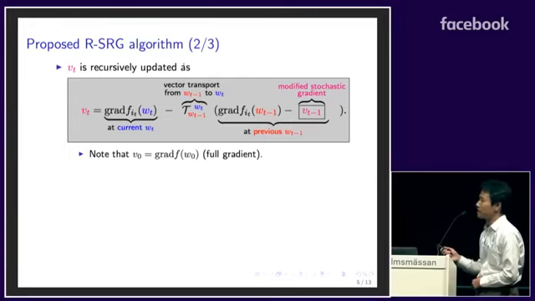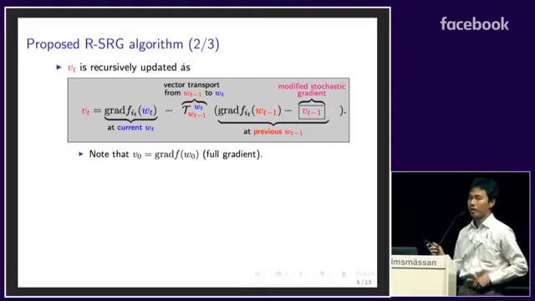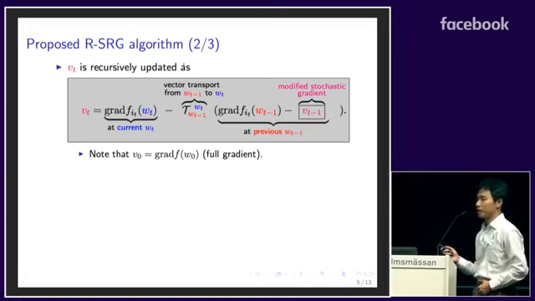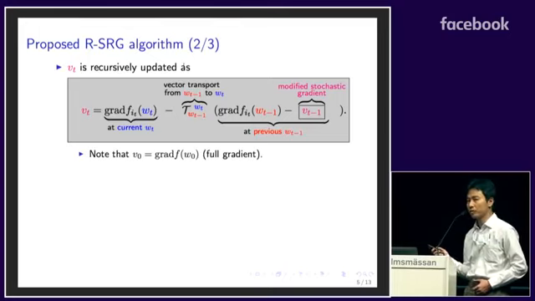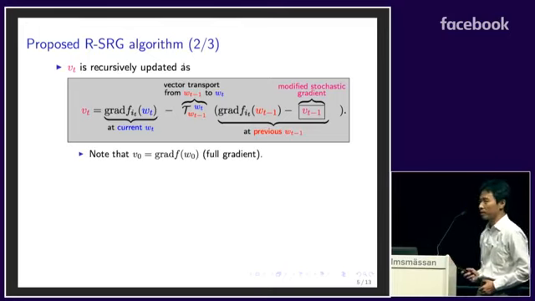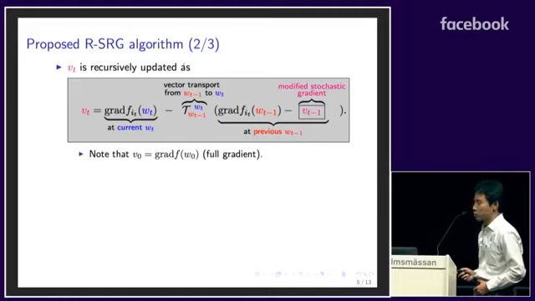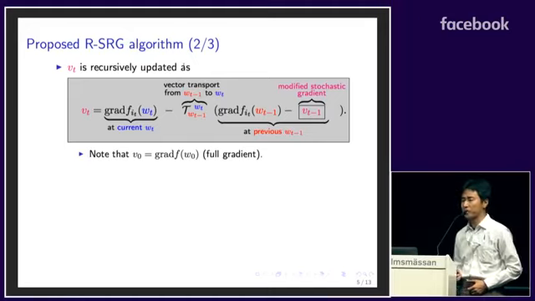They are transported from the previous point Wt minus 1 to Wt by vector transport. This is because these belong to different tangent spaces. The simple addition operation is not well defined on the Riemannian manifold, because a manifold is not a vector space.